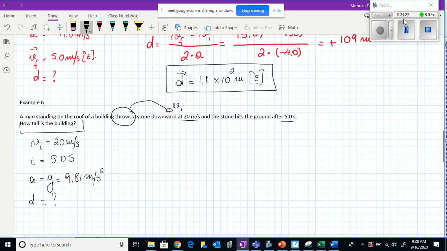So now the formula that we will use will be distance equals V initial t plus 1/2 a t squared. So distance will be 20, let's substitute whatever we have, times 5.0 plus 1/2 times 9.81 times 5.0 squared.